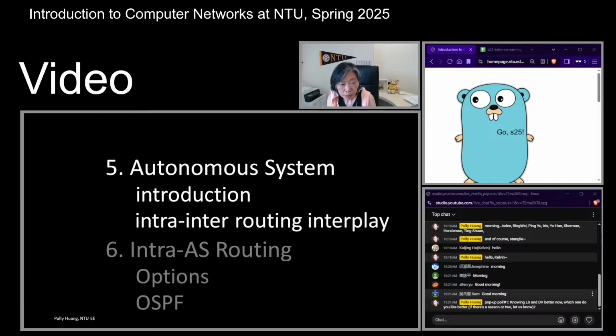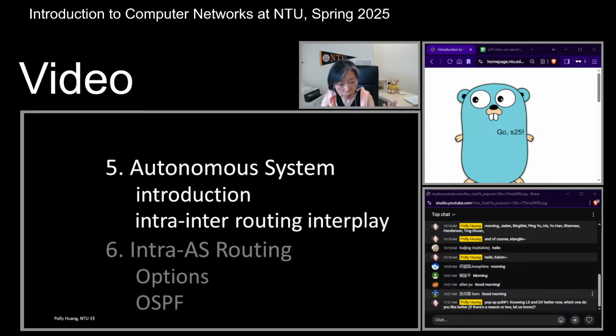In the first video, Polly is going to explain first why there is a need to create a hierarchy in the internet routers. Because for the very simple reason, the internet is huge. There are so many routers. And if we use link state routing to connect all the routers, you see that there's a scalability issue, right?